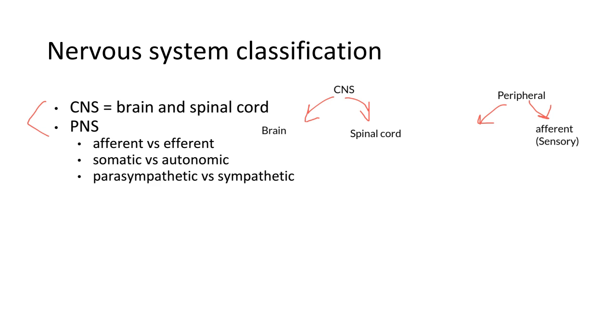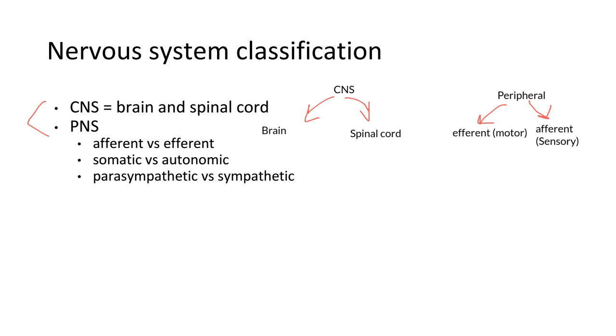So the afferent, or the sensory portions, are bringing information in, where the efferent is bringing information away from the central nervous system. So these are motor neurons, again, bringing information away from the central nervous system. So afferent takes it towards, efferent takes it away from the central nervous system.